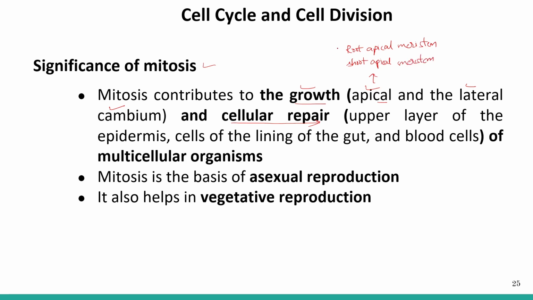So the cells in these meristems divide with the help of mitosis and contribute to the growth, whereas lateral cambium, okay, such as the vascular cambium, example can be vascular cambium or cork cambium, okay, another example. So lateral cambium helps in the increase in the width of the organ or the organism. Alright, so cells in these regions divide with the help of mitosis and contribute to the growth.